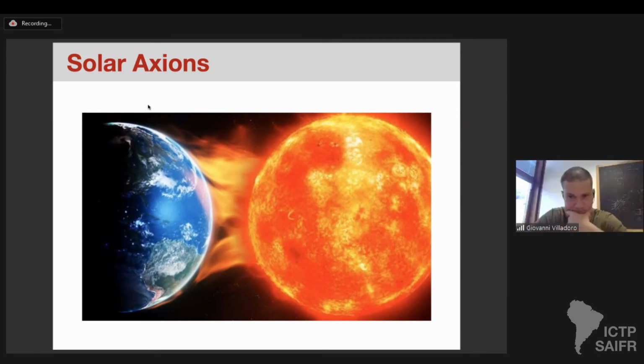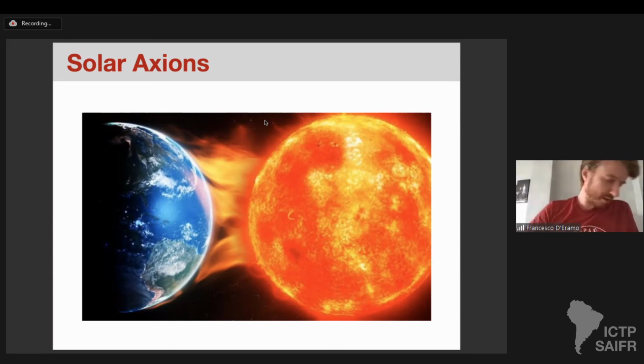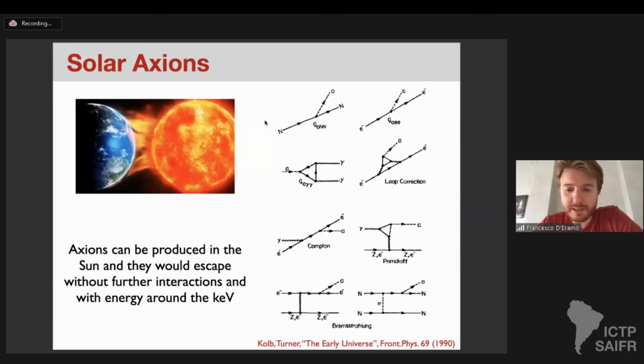Yes. Okay, so in the last few slides, just a few words on what was announced a couple of weeks ago. Axions can be produced in the sun from several processes. Some of them are shown here, and these processes are sensitive to different couplings of the axion.